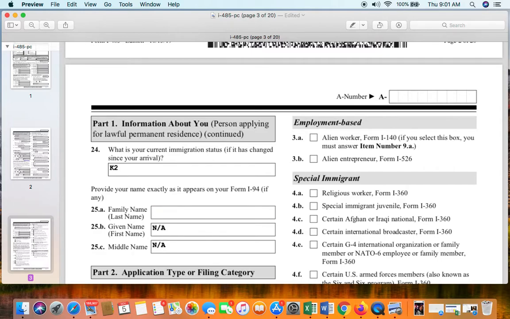So provide your derivative applicant's name that appeared on her I-94. For example, she is Benyas, Cheska, and Palak. You can put her name since she's already here in the United States of America. But in mine, I'm going to put NA for my derivative because she's not here with me yet. Remember, do not leave any section blank. If it's not applicable to you, you have to put NA.